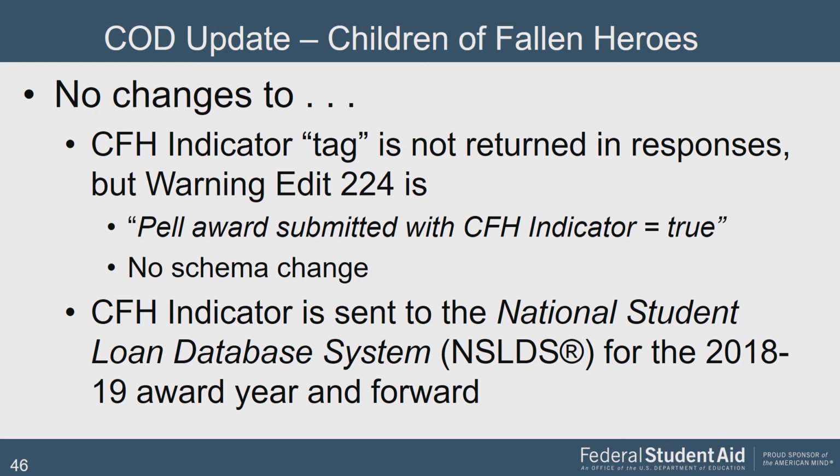But you will continue to see warning edit 224, and it is listed as Pell Award submitted with CFH indicator is true. And the CFH indicator is still sent on to NSLDS for the 18-19 award year and forward. That has not changed. We will keep sending this tag that this Pell was processed on, and we will keep sending it on to NSLDS so they can record it there as well.